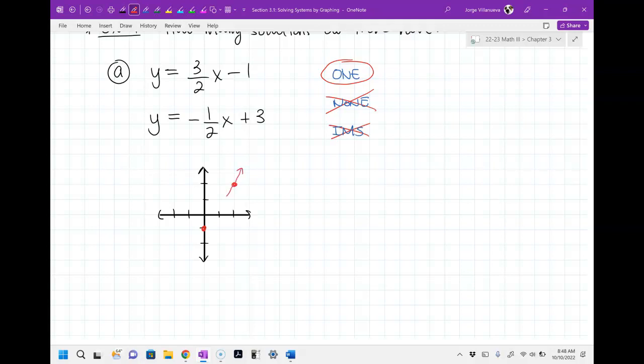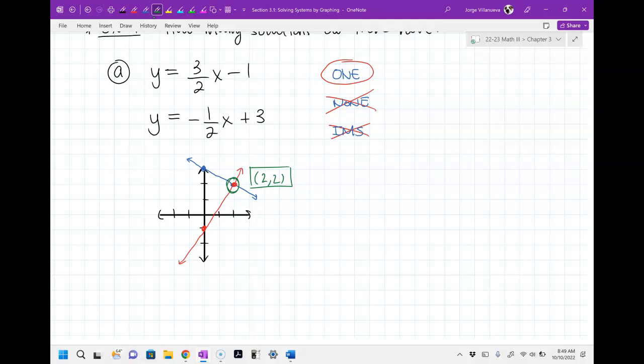So this line is right there. The other line, negative half x plus 3, starts at positive 3, 1 down, 2 over, crosses there. You see this right here? That's my solution. The solution would be that point, which is 2, 2. That's my answer.